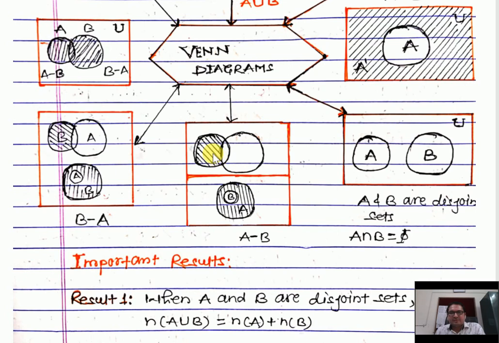There are two sets given, A and B. So A minus B means all elements of A but do not belong to B. Okay, see the shaded part also, this is the common elements. So these elements common in A and B, you will not take, only you will take elements of A which do not belong to B.